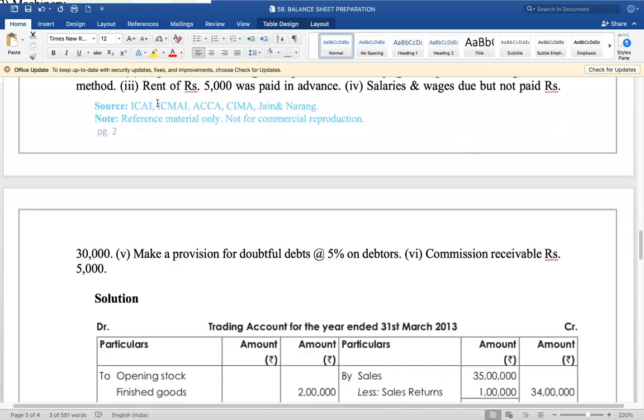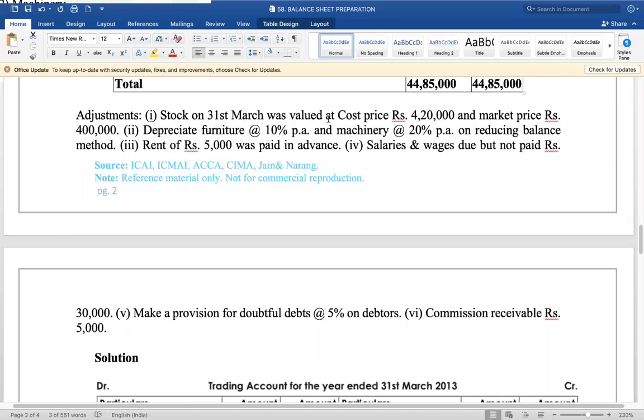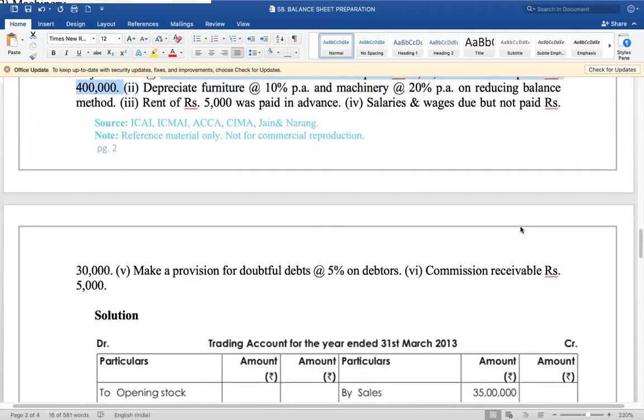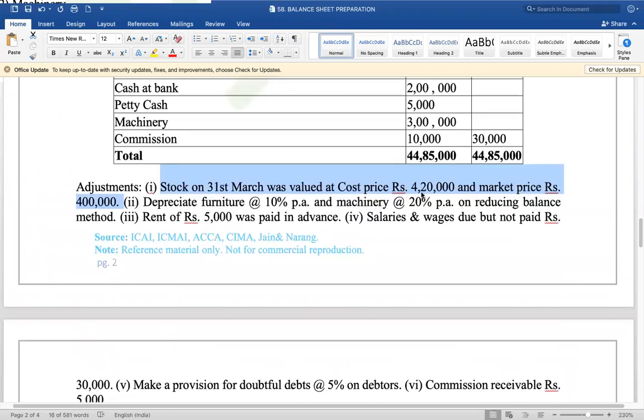Where do you have closing stock? The closing stock that you got here, in point 1 of the adjustments. You have taken here 4 lakhs. What's the principle? Principle of conservatism. Whichever is low. 420 is the price at which you bought, but presently its market value is only 4 lakhs.